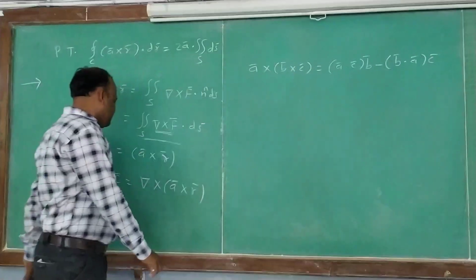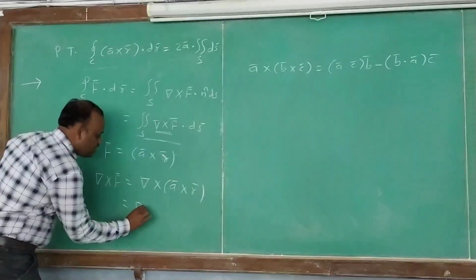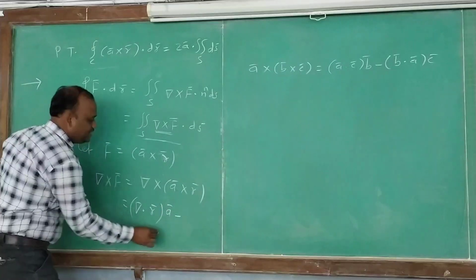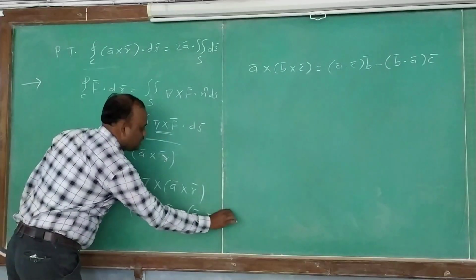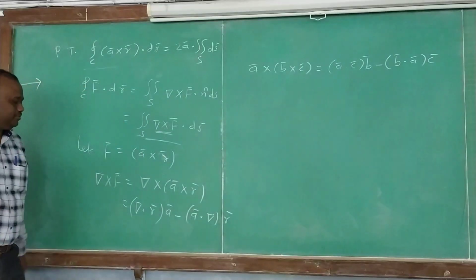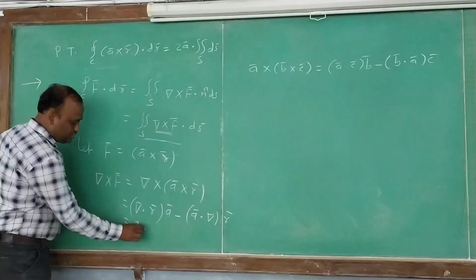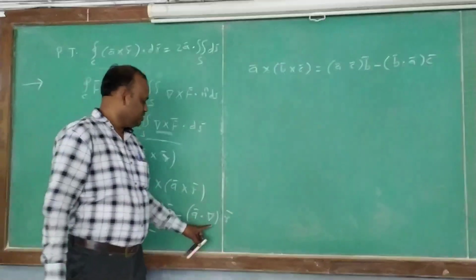Using this, it can be written as del dot r bar into a bar minus a bar dot del into r bar. Now what is the value of del dot r bar? Del dot r bar is 3. So this is equal to 3a bar minus a bar dot del into r bar.